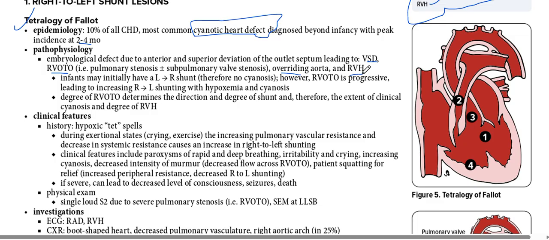So I take it as a V again, and 2R's. One is right ventricular hypertrophy, and the other R is right ventricular outflow tract obstruction. Infants may initially have a left to right shunt.